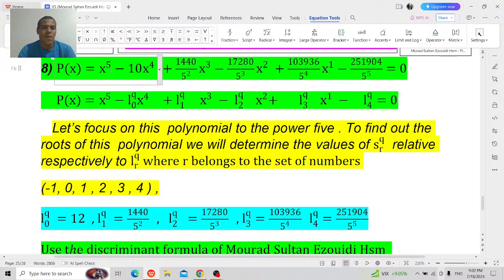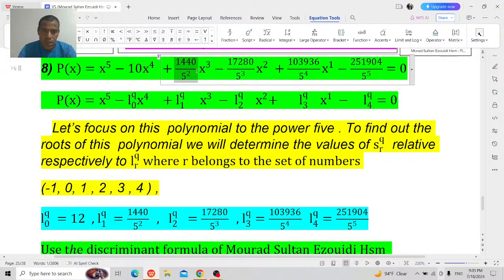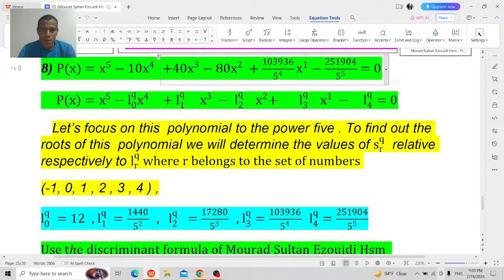We have x raised to the power 5 minus 10x raised to the power 4 plus 40, minus 80, of course x squared, plus 85x minus 42.